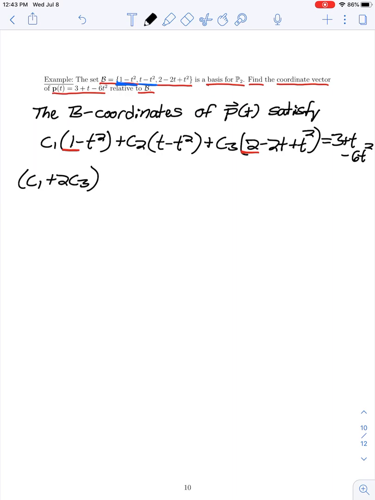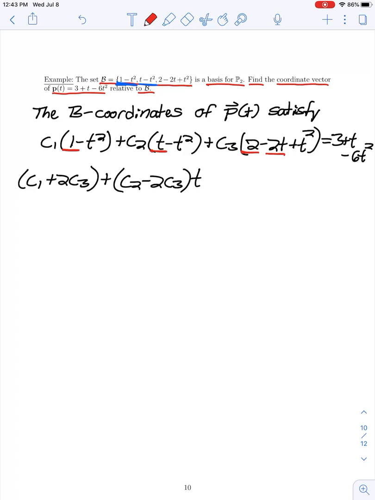Now expanding and grouping terms involving t to the first, we would have 1c2 times t minus 2c3 times t, and our first basis polynomial didn't have any t to the first term.